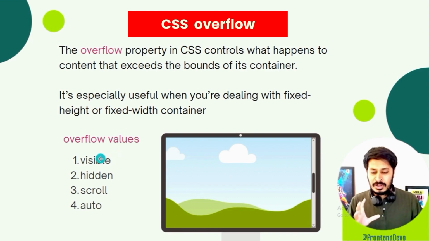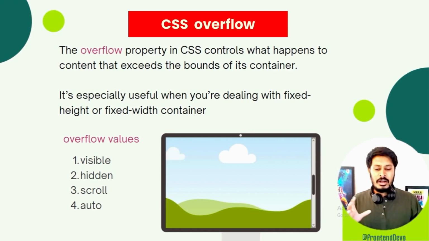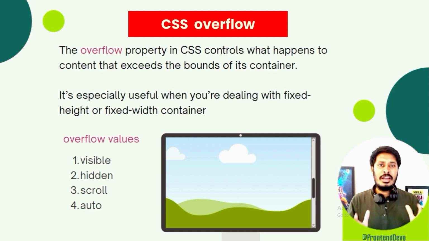The first one is visible, the second is hidden, the third is scroll, and the fourth is auto. Depending on the size of our content and the value we specify, the content of that element is managed with scroll or not. Now let's move to VS Code and understand the overflow property in detail with all these four options.